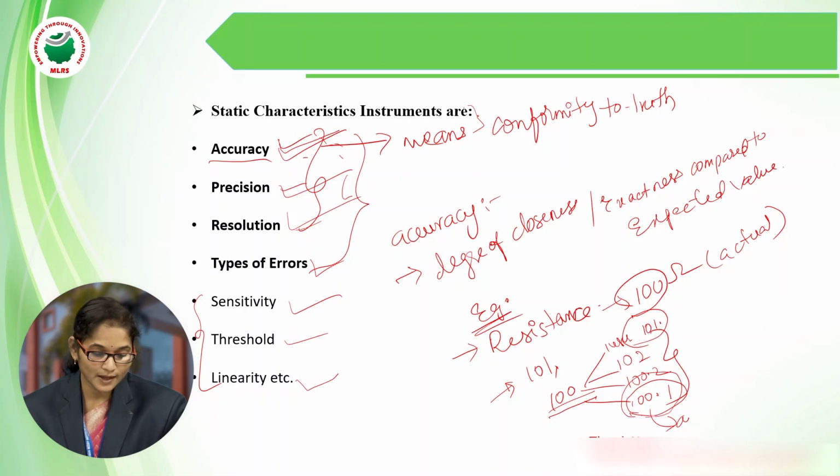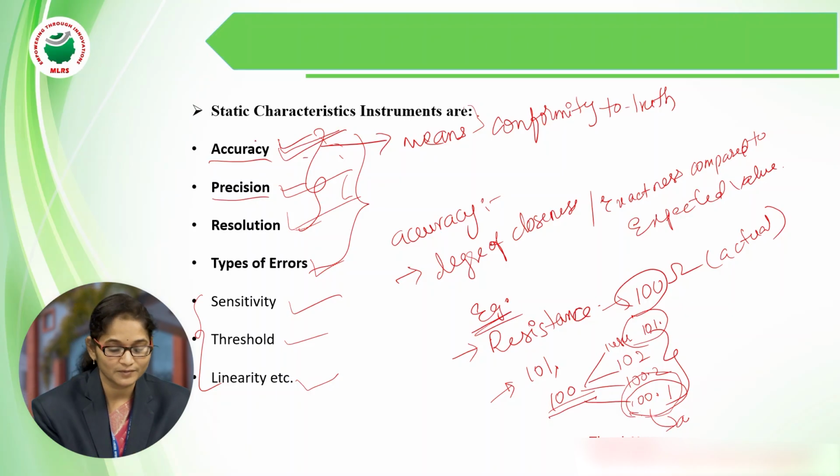The next is precision. What is precision? Precision is a process. Accuracy is a device we use to measure the value which is under test. Precision is the process of determining the unknown value.